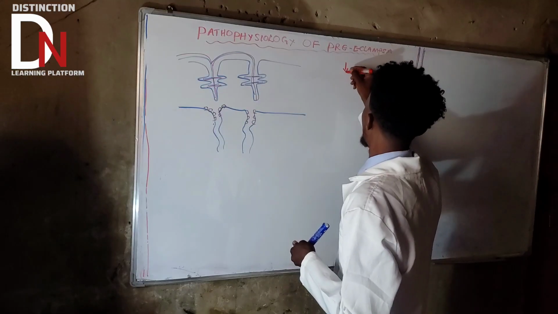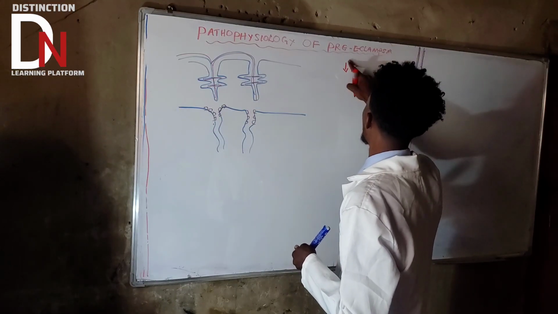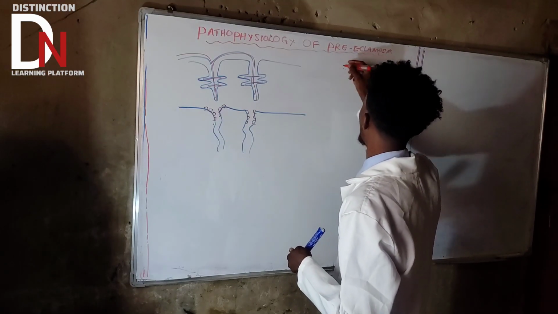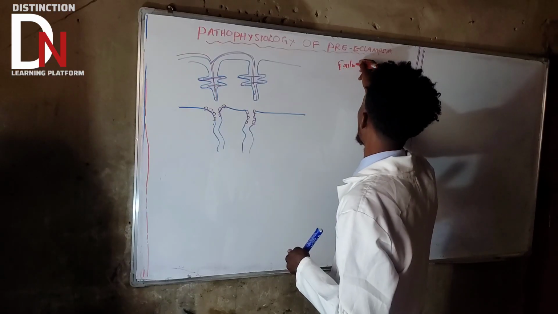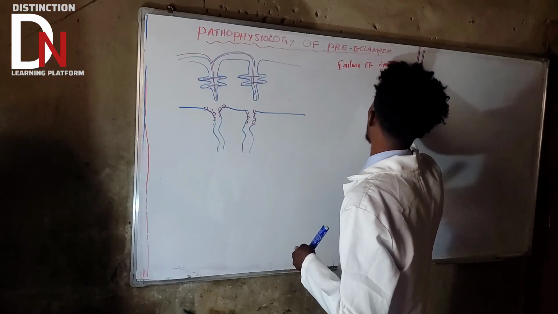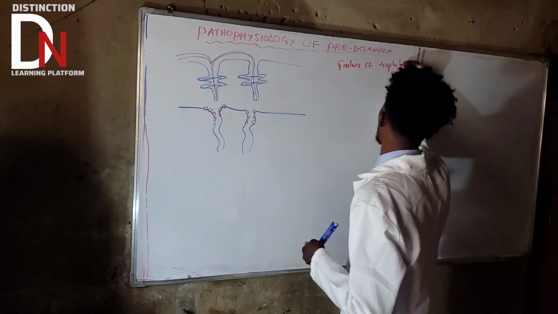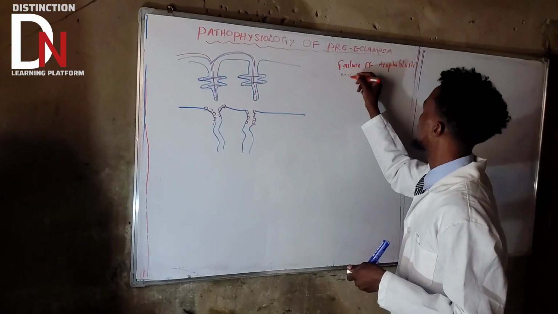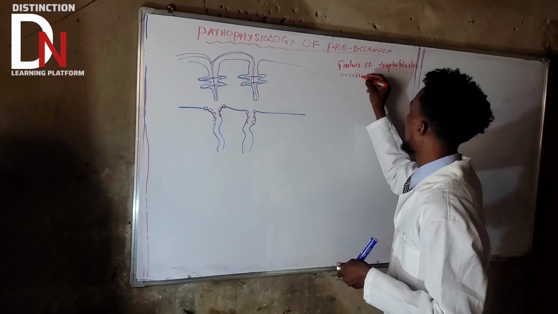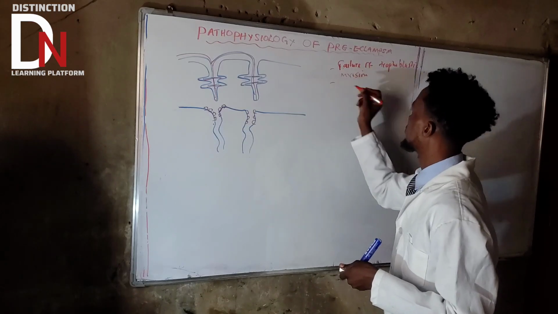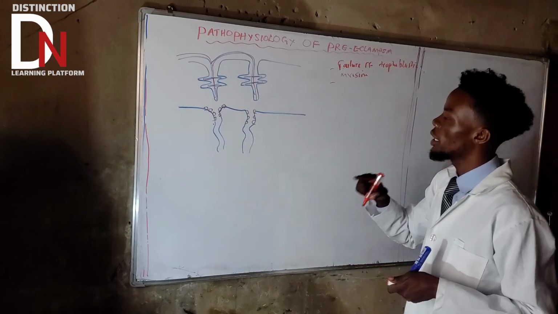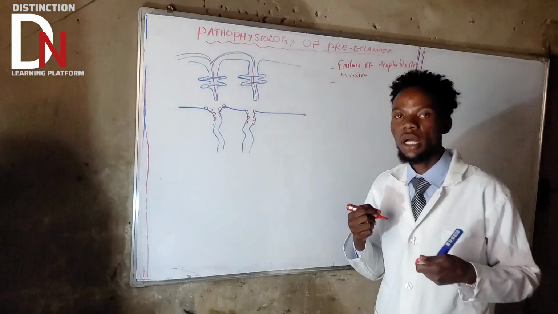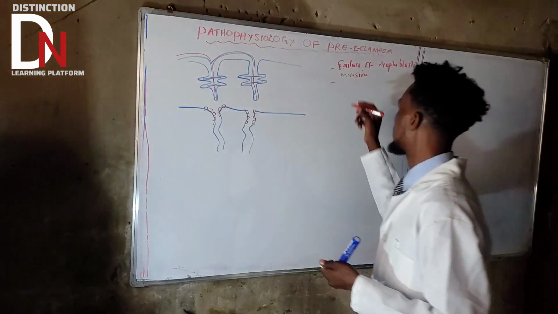Failure of what? Let's just say failure of trophoblastic invasion, and what else? And also failure of the spiral artery to be remodeled.